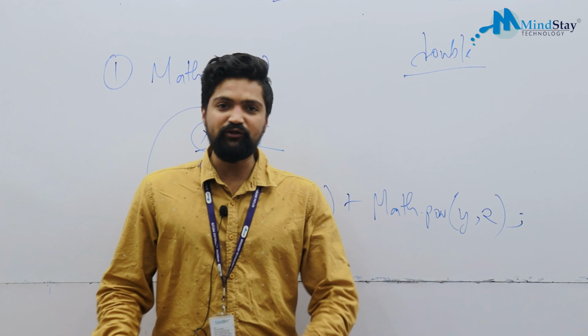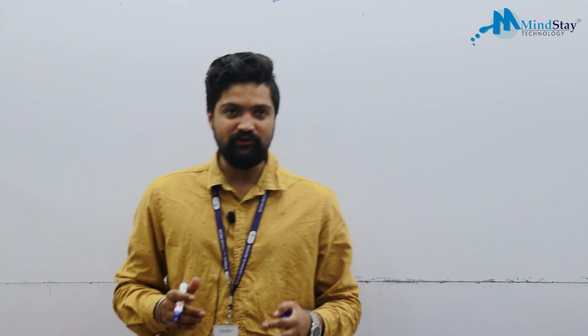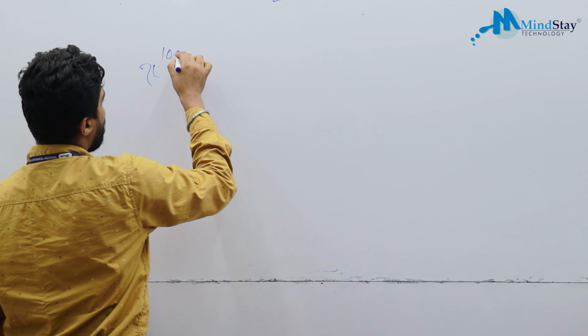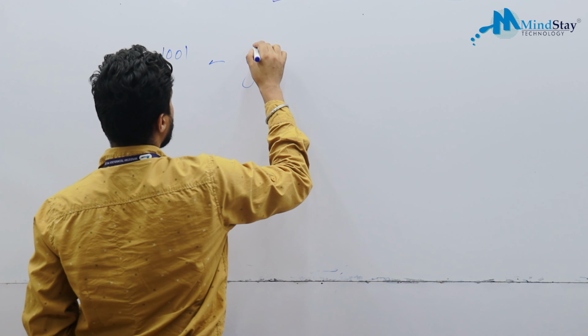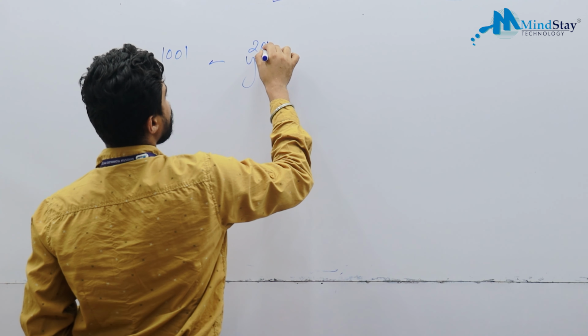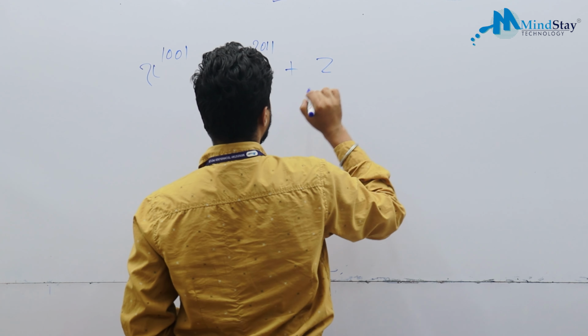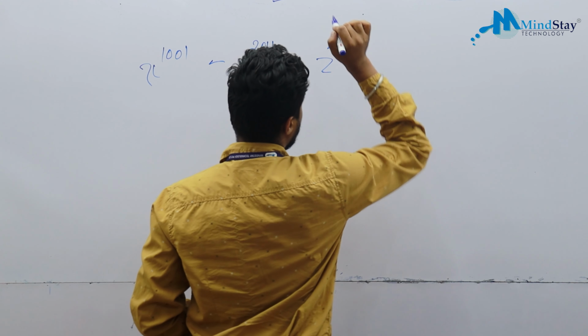Let me show you a few more examples so that you become clearer, and you'll be good to go. Let us say I have x to the power 1001 minus y to the power 11, and plus z to the power 4001.